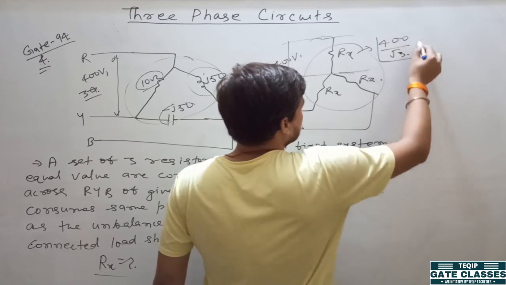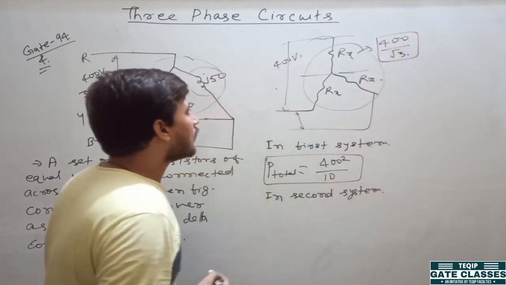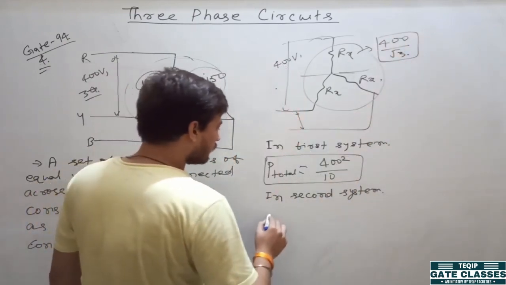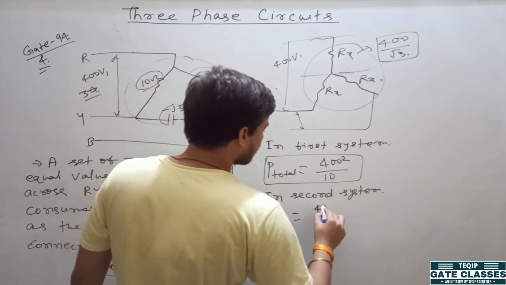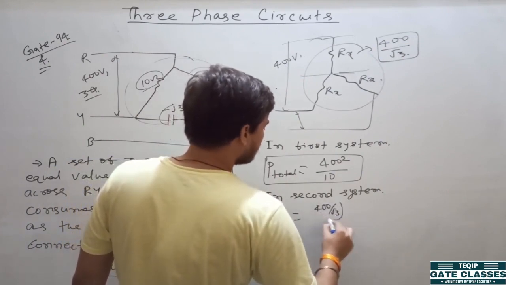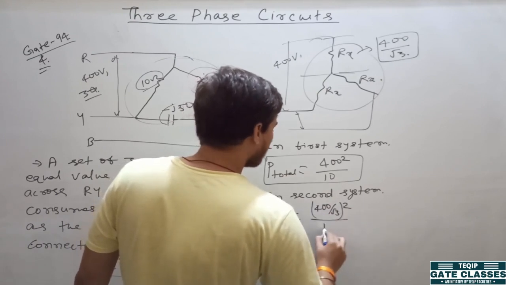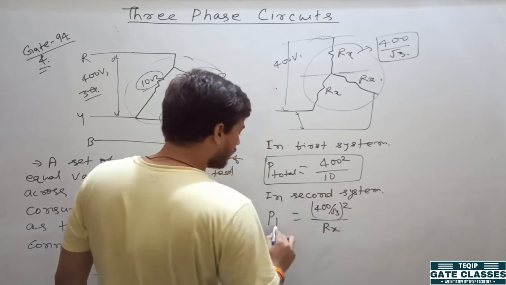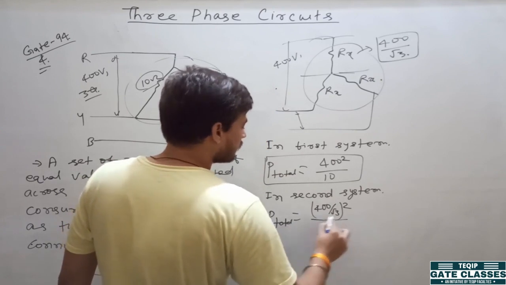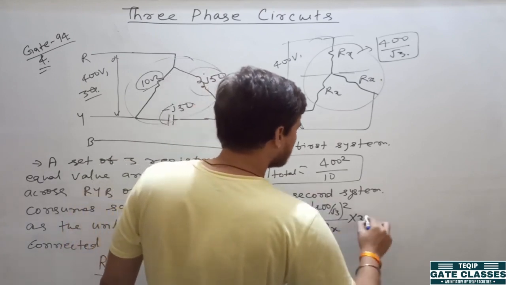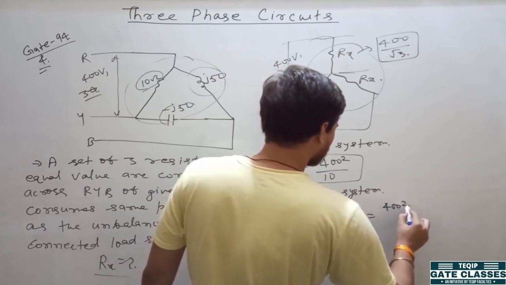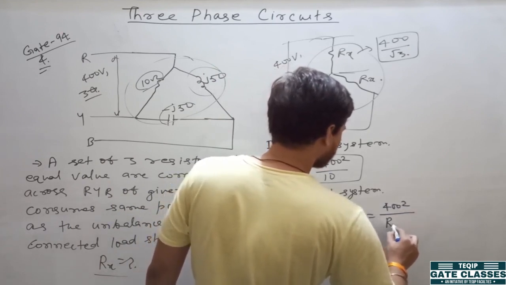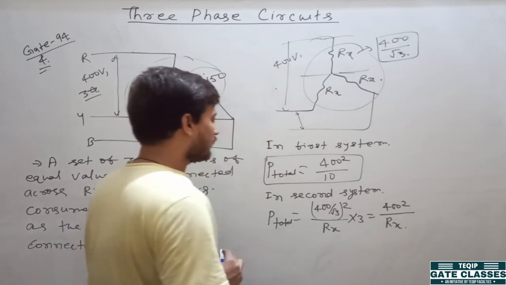So power in one phase will be equal to 400 divided by root 3 square divided by Rx. Now total power means multiplying by 3, so it is equal to 400 square divided by Rx.